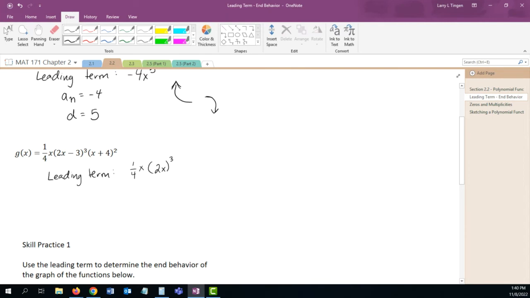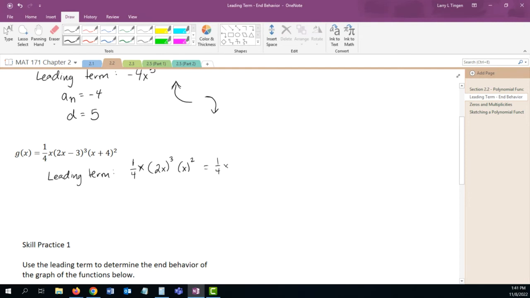The leading term of x plus 4 squared is going to be x squared. Is everybody okay with that? This took me a long time to realize, even in my own experience. And it's still a difficult thing to try to teach. But each one of those factors has a leading term. And if you can just multiply the leading terms, you'll find the leading term of the entire polynomial.